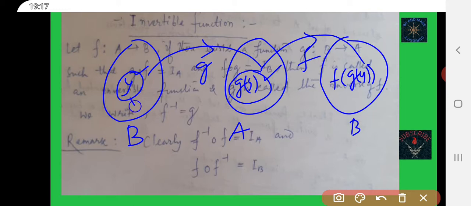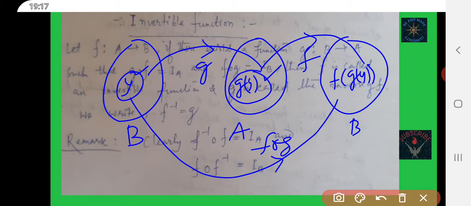The f∘g is mapping from B to B, f∘g of y is equal to f of g of y. As this function f∘g is mapping from B to B, which is the identity function on set B, f∘g is equal to I_B.